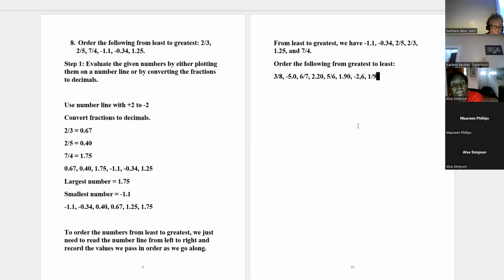And your smallest numbers are your negative numbers. Use your calculator to convert your fractions to your decimals.